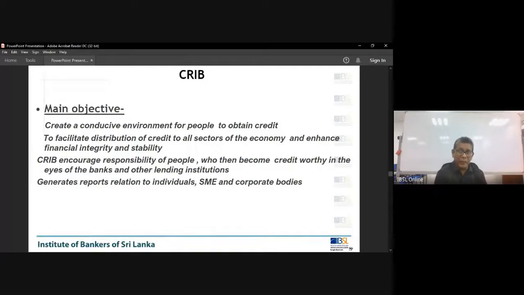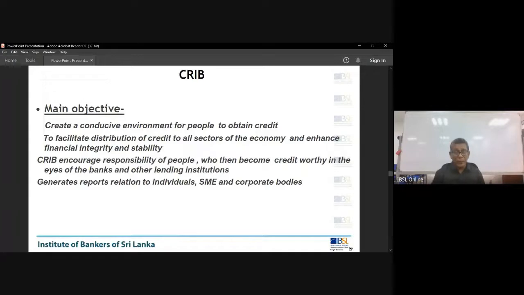Basically, to provide a conducive environment for people to obtain credit, right? That is the main objective, and also to facilitate distribution of credit to all sectors of the economy, right?